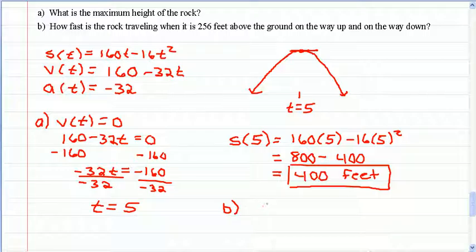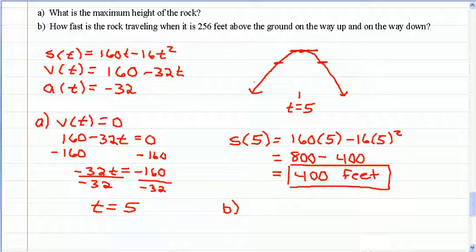For part B, how fast is the rock traveling when it is 256 feet above the ground on the way up and on the way down? So we know that the maximum height is 400 feet. So when it is 256 feet above the ground, it could be at this point, approximately, or this point.